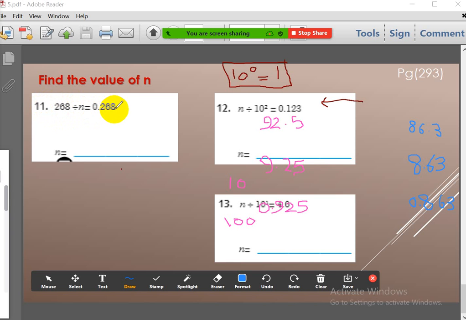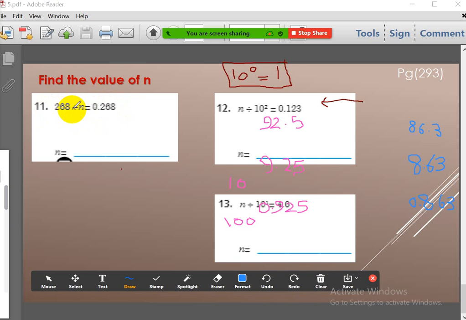So what is the number that I will divide 268 by? So it will be 0.268. Okay, now n will be what? Look girls, I have the same number, but the difference between the dividend and the quotient is the dividend is a whole, the quotient becomes a decimal number.